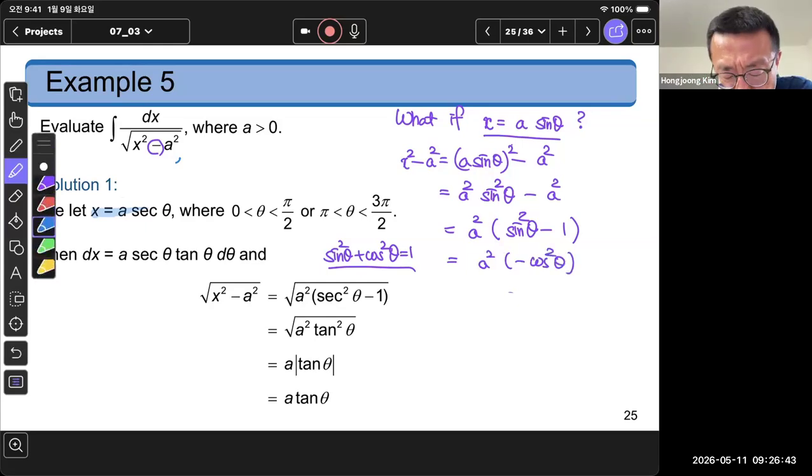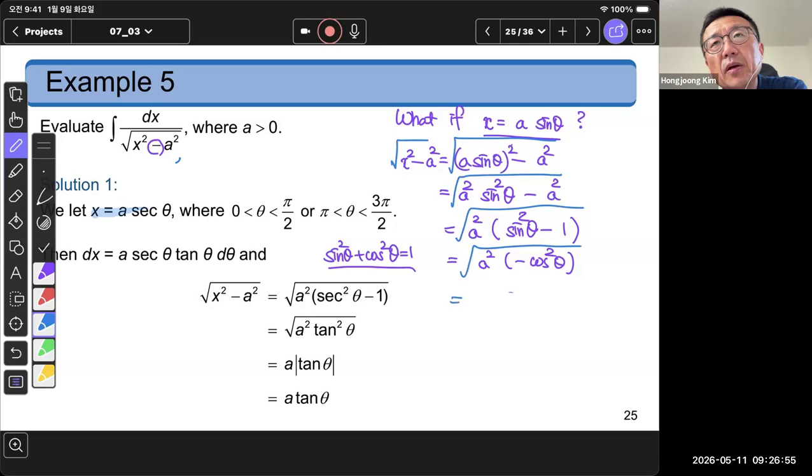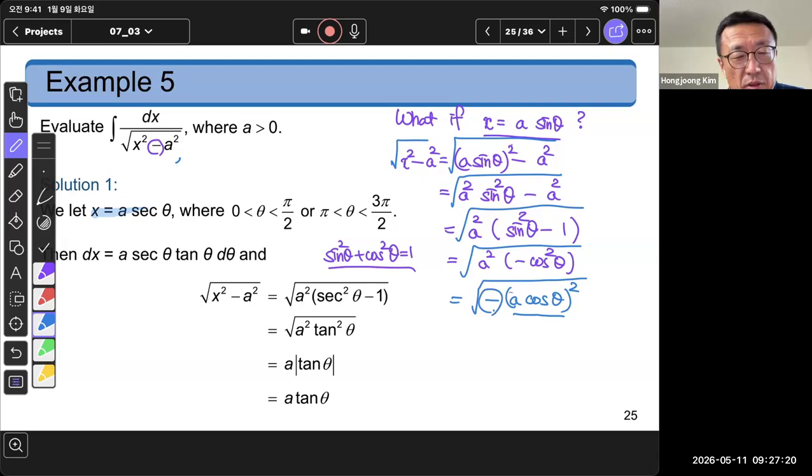Then we have a problem because everything here is inside the square root sign. Then we get negative a cosine theta squared inside the square root. And we have a problem because this a cosine theta squared will always be non-negative, and if I have a negative sign, then I need to consider some complex number, right?